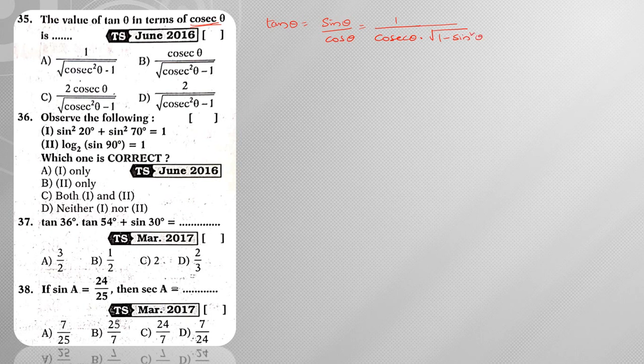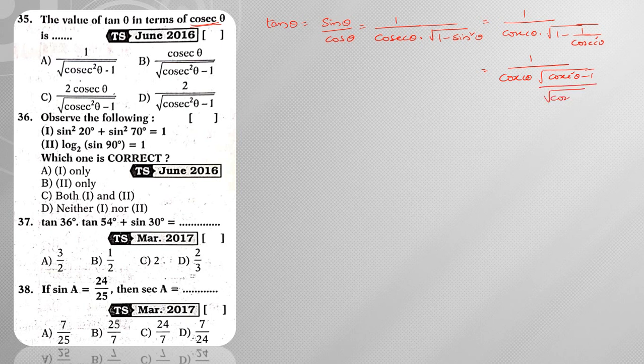Again this sin square theta I can write as 1 by cosec square theta, so 1 by cosec theta into square root of 1 minus 1 by cosec square theta. Now by taking LCM, I am going to get 1 by cosec theta into square root of cosec square theta minus 1 by square root of cosec square theta, which is present in the denominator.